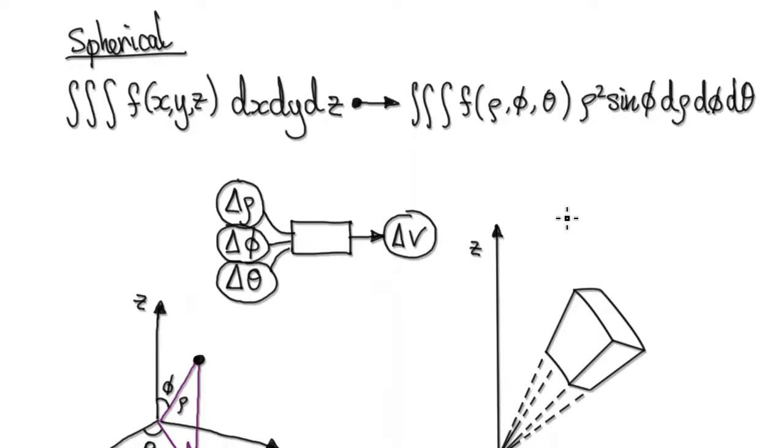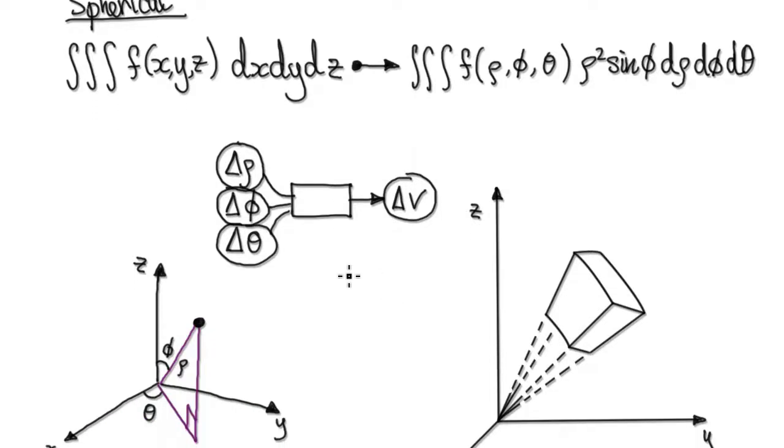Our motivation is to try and find the relationship between the volume and how you nudge the radius. So this is the radius of the sphere. As you change the radius, the change is given by delta rho. So you've got to imagine this point here.